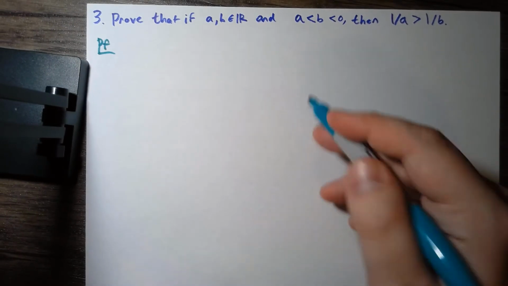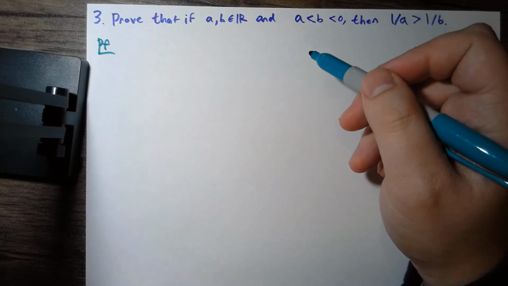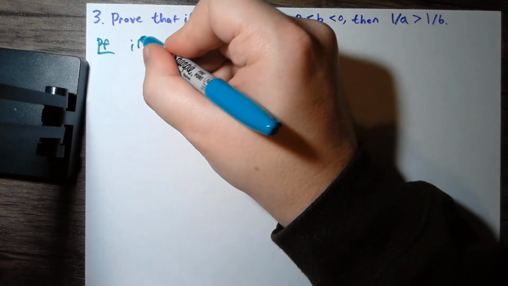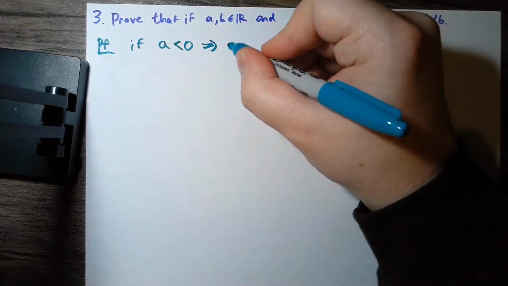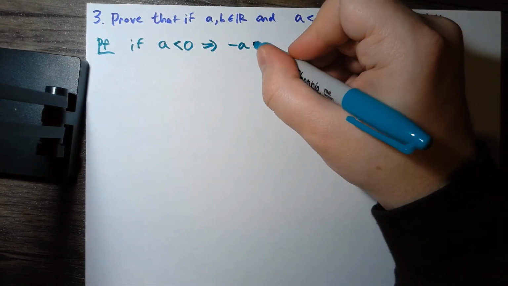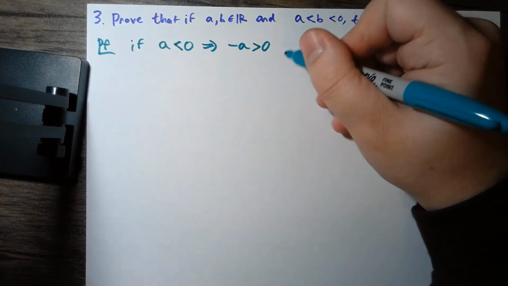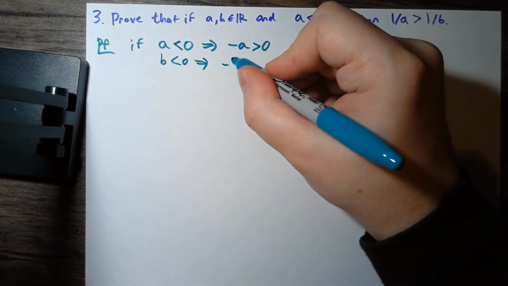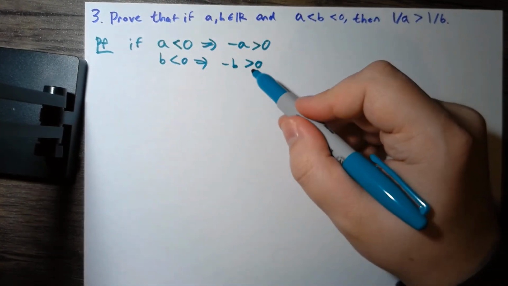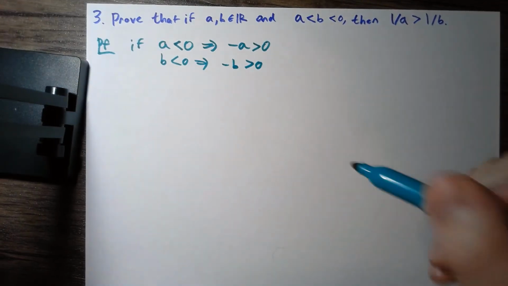So recall, what does it mean to be less than 0? If a is less than 0, that means that negative a is going to be greater than 0. Similarly with b, since b is less than 0, this means that negative b will be positive. And remember, if we have two positive numbers, when we multiply them together, it's going to be positive.